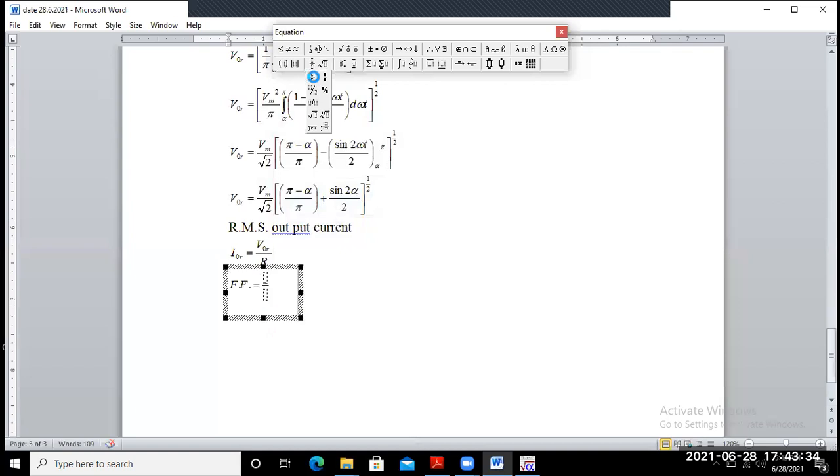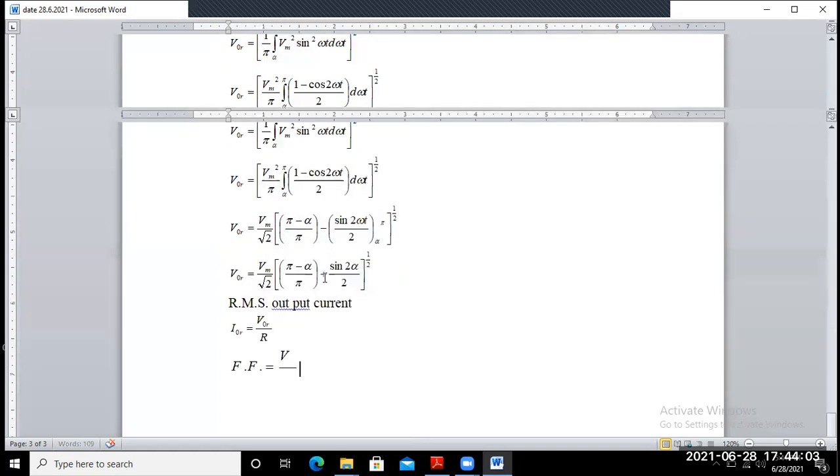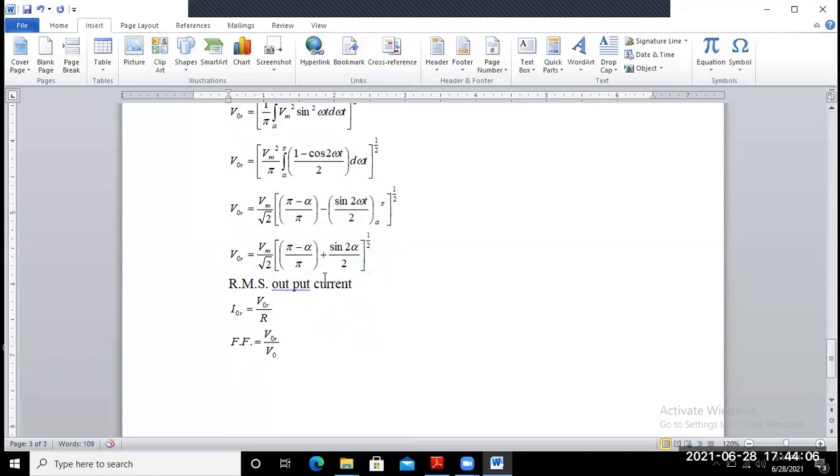Okay, so V output RMS divided by V output average, V0. So if you put that VRMS value and the average output voltage, then that will be equal to the form factor. Other parameter you may also find out is the ripple factor. So we stop here, and in the next class we will discuss other things. Okay.